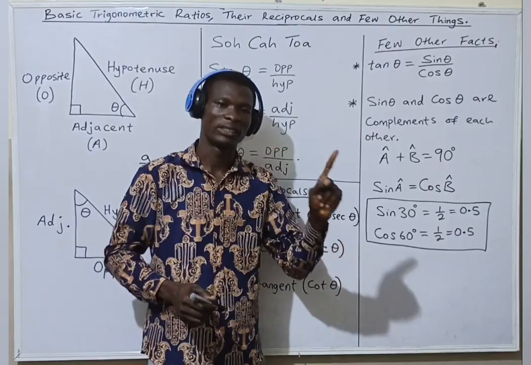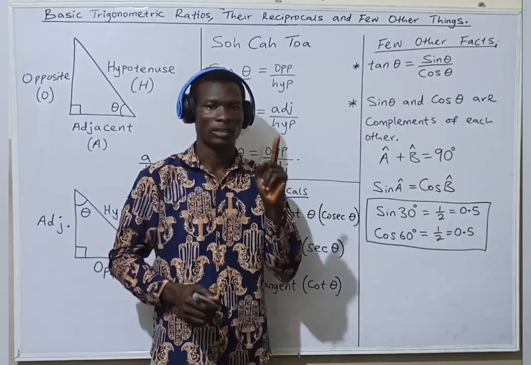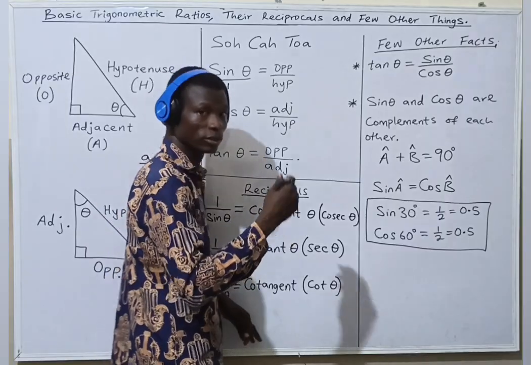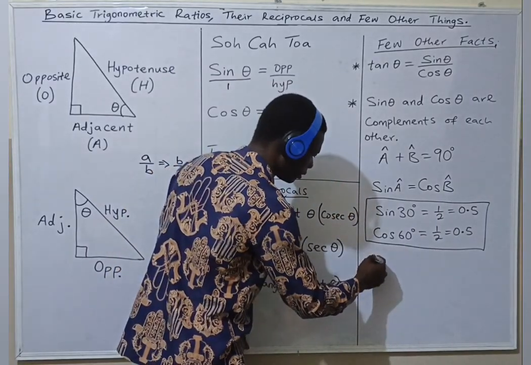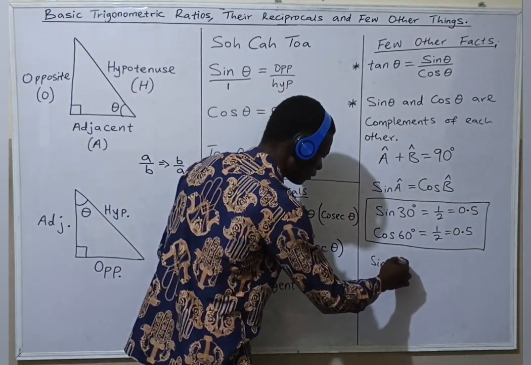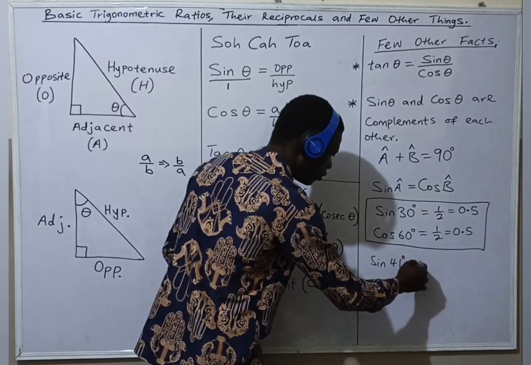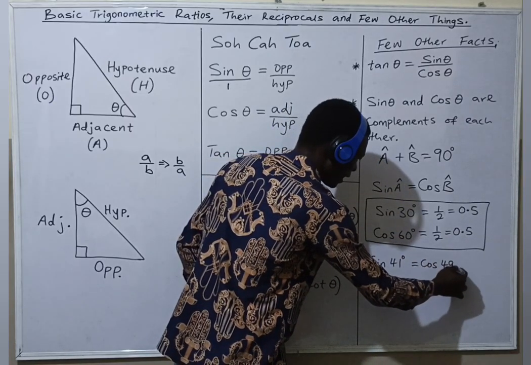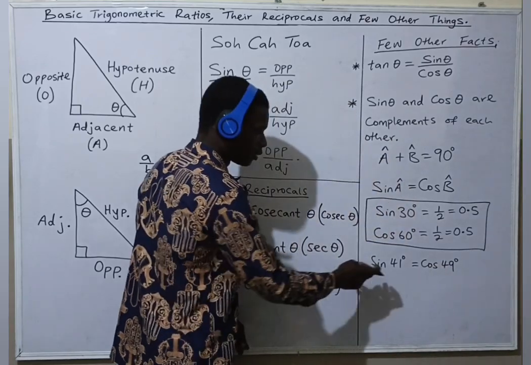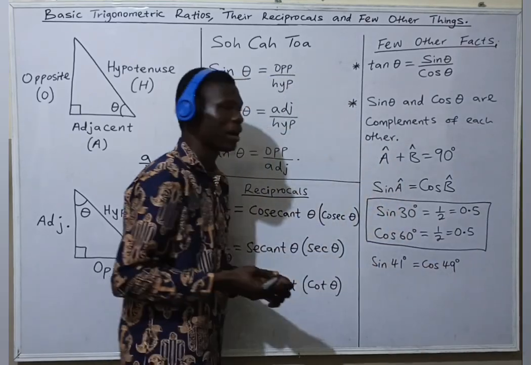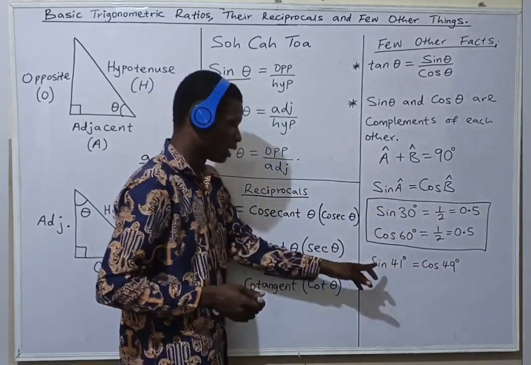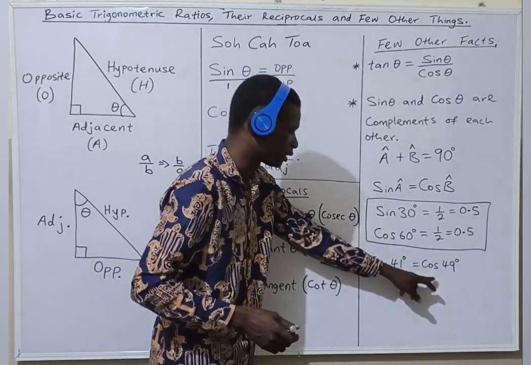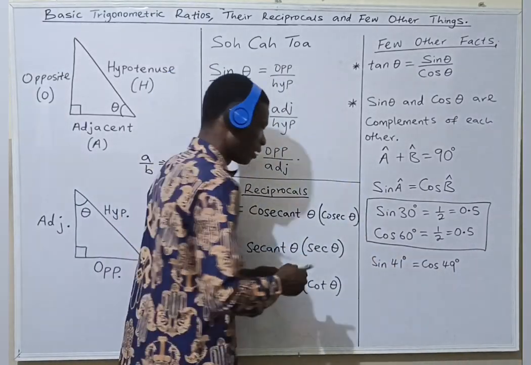So if you look for the sine of 41 degrees, it's going to be the same thing as the cosine of what? 49 degrees. So you can try that on your own. Sine 41 degrees will be equal to cosine 49 degrees. Why? Because 41 and 49 are complementary angles, and sine complements cosine just as cosine complements sine.